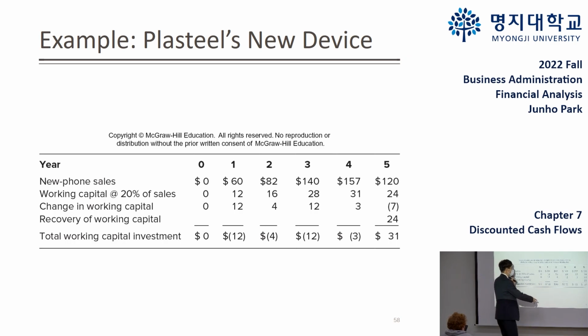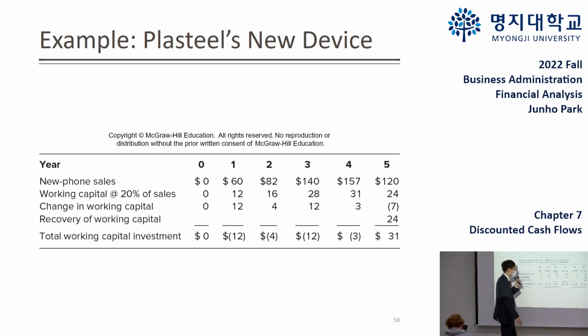However, in the second year, something's different, because the sales is 82 and 20% is 16. So you need 16 working capital. However, you already have $12 working capital in position. So only an additional $4 million is required for your operation.